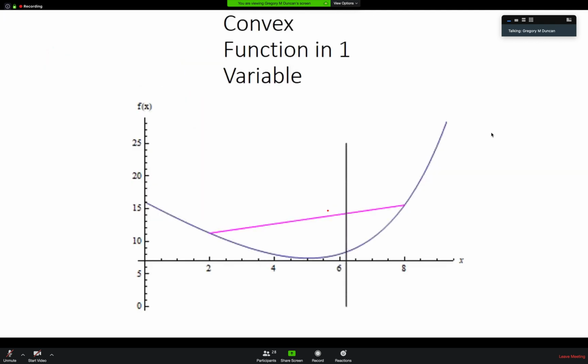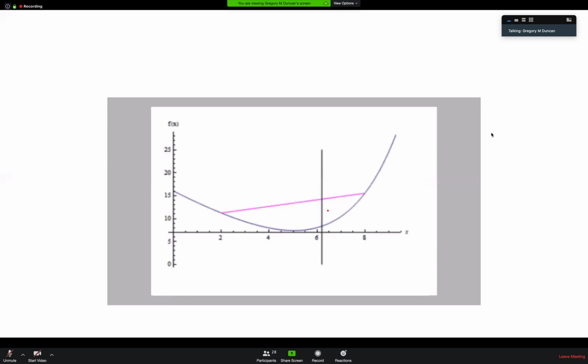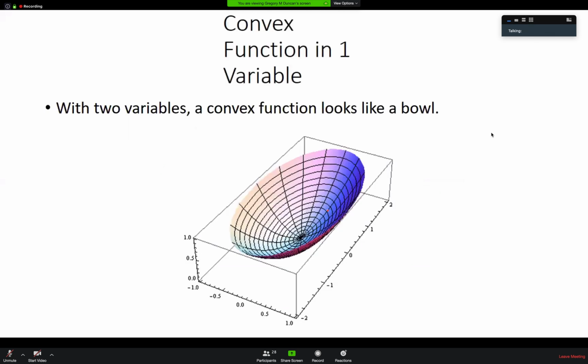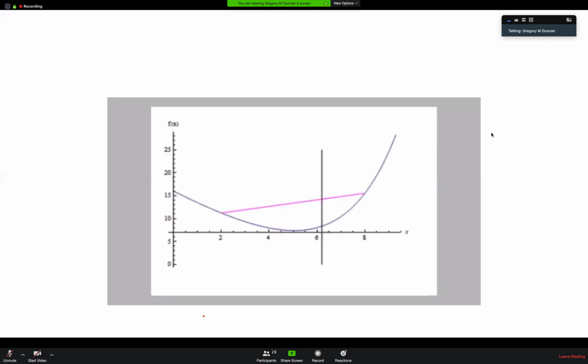Okay. So let's see. I hope this works. Wait a second. Let's go back here. I was worried about this.